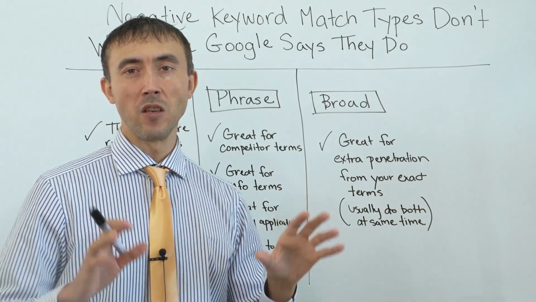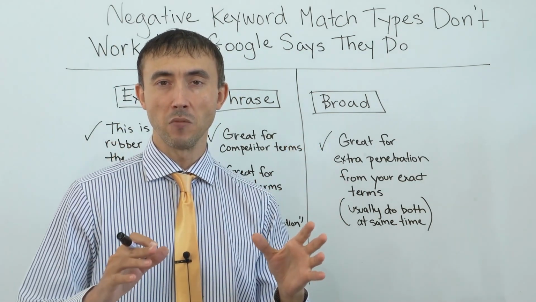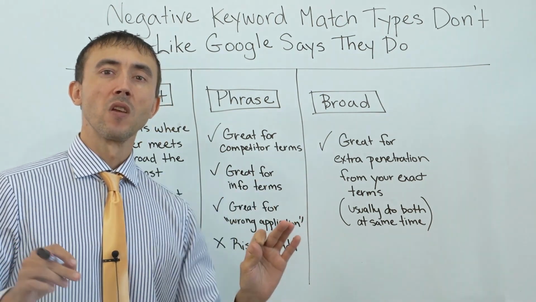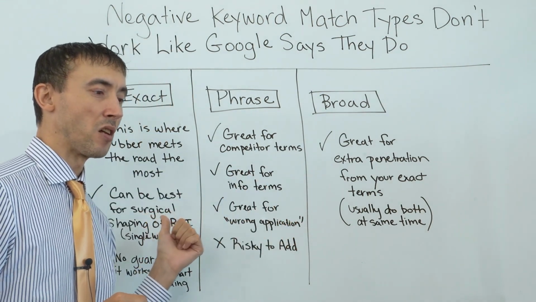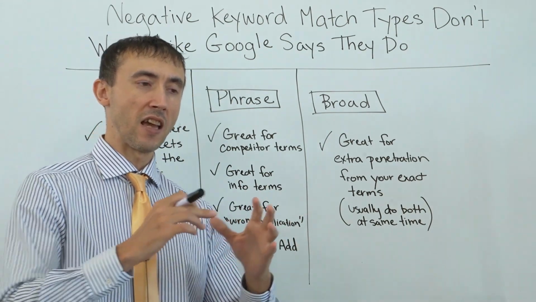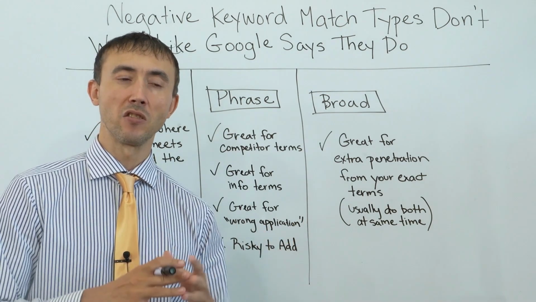If you want to add a negative keyword to your account and have Google pay attention to it at the maximum level possible, generally speaking, an exact match negative keyword is going to do it at the greatest level, because it's literally saying, hey, block this term, not terms like it, but this term.